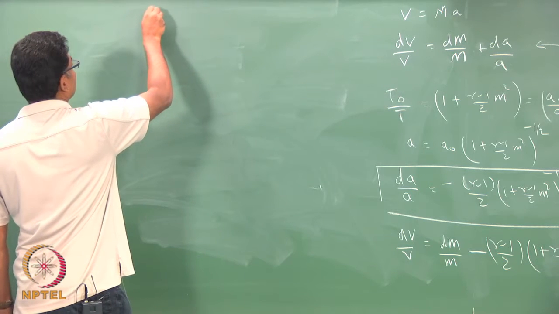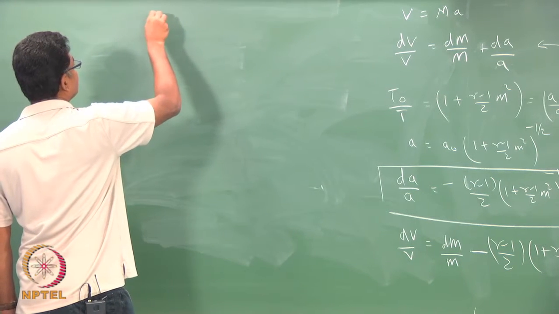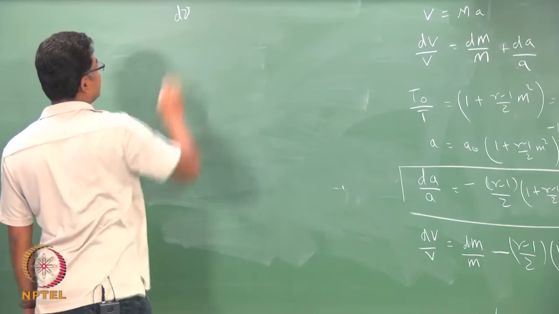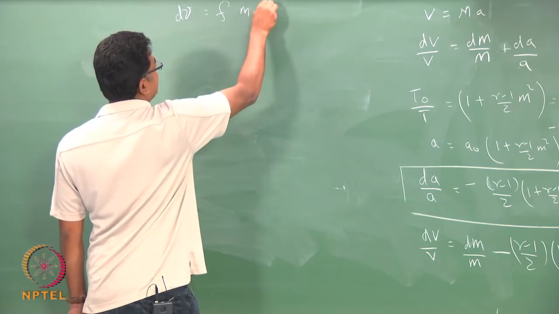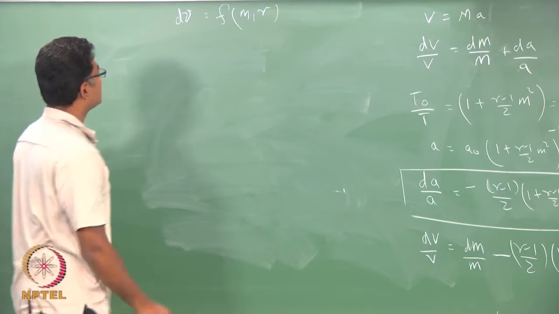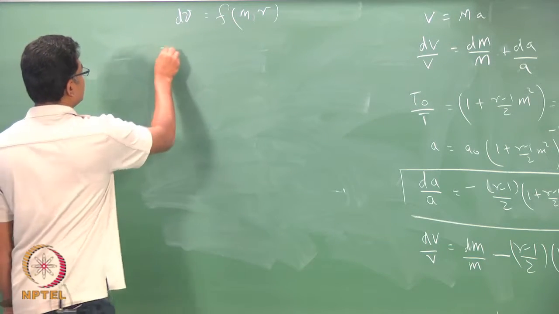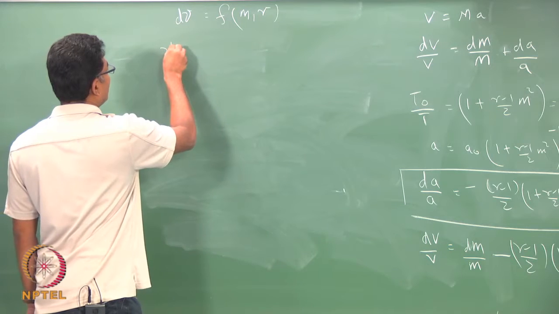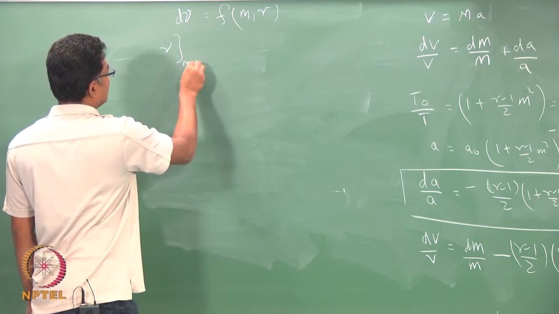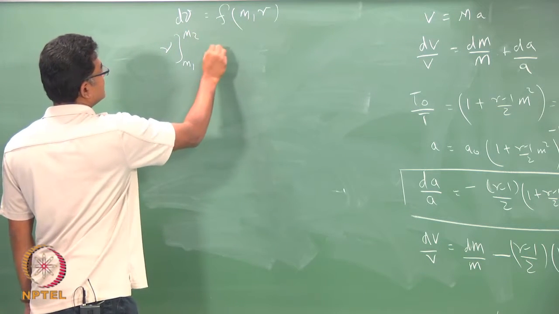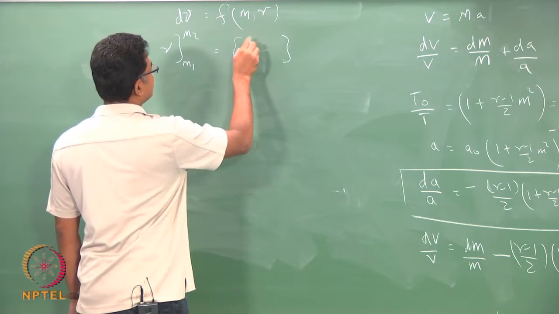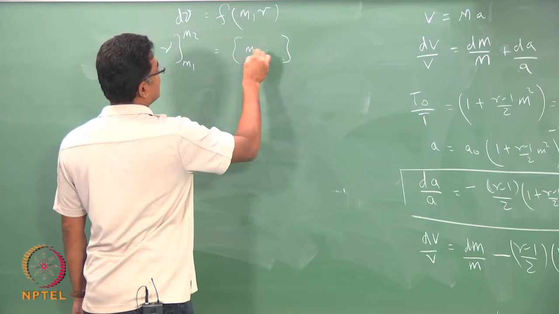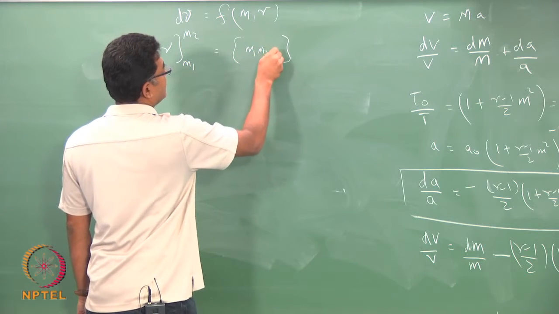So, I call this d nu, a function of Mach number and gamma. So, your nu integrated over 2 Mach numbers would be a constant, which will be a function of M1, M2 and gamma.